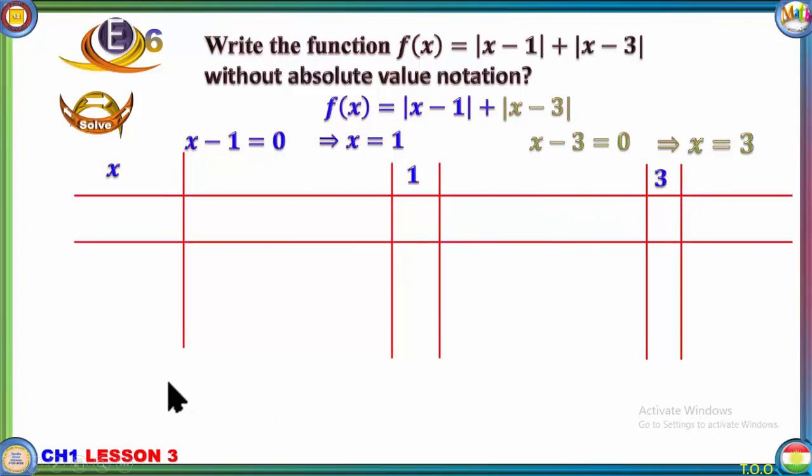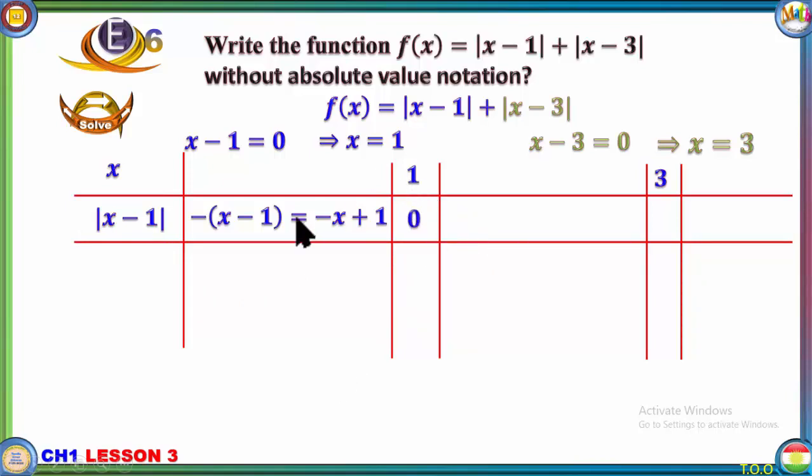Using the definition of the absolute value, less than 1, this absolute value is negative. Then it is -(x - 1). Open this bracket, it becomes -x + 1. If we replace x with 1 here, 1 - 1 is 0, then it is 0.